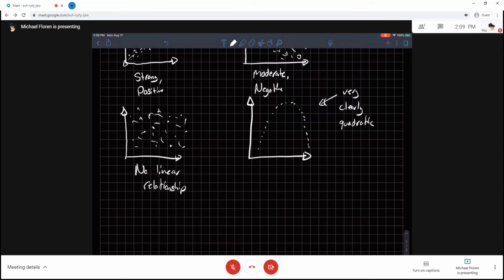But we still have no linear relationship. So because of this, we get that same definition of no linear relationship on both one with no apparent relationship at all and one with a very clear relationship, but a relationship that isn't particularly linear.